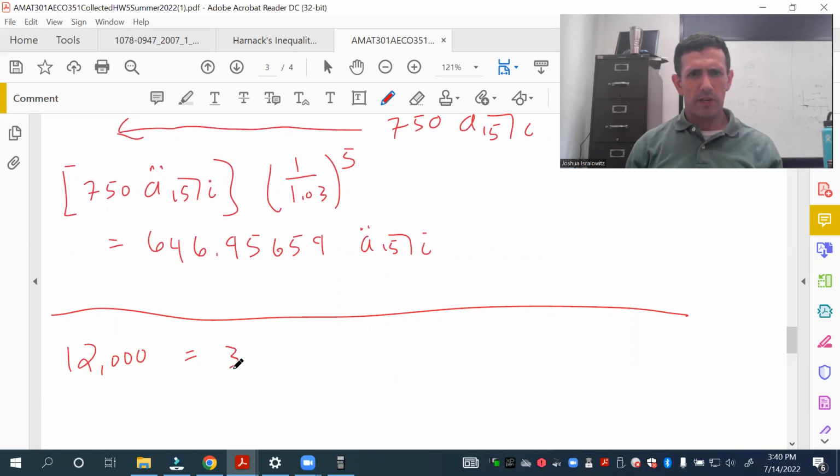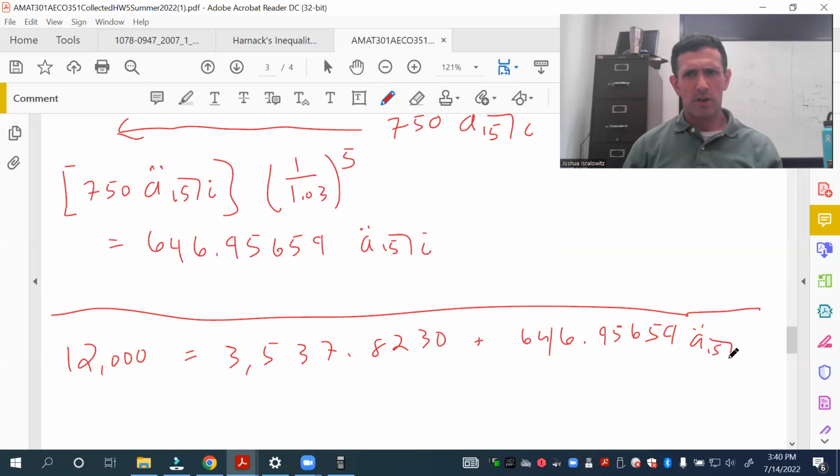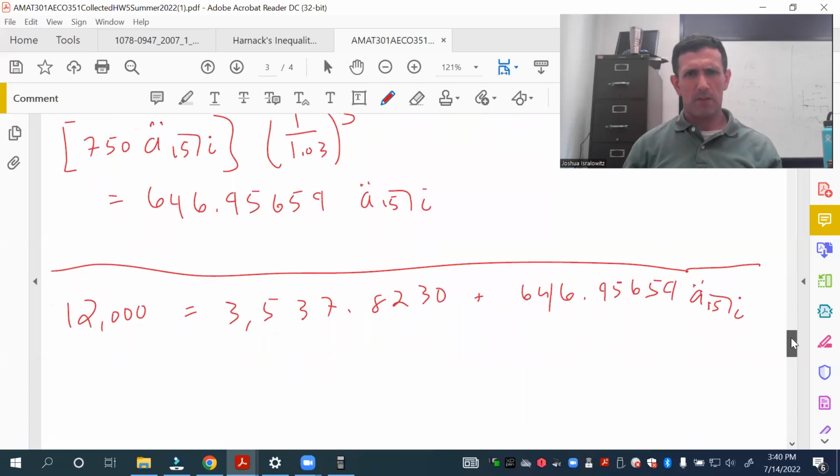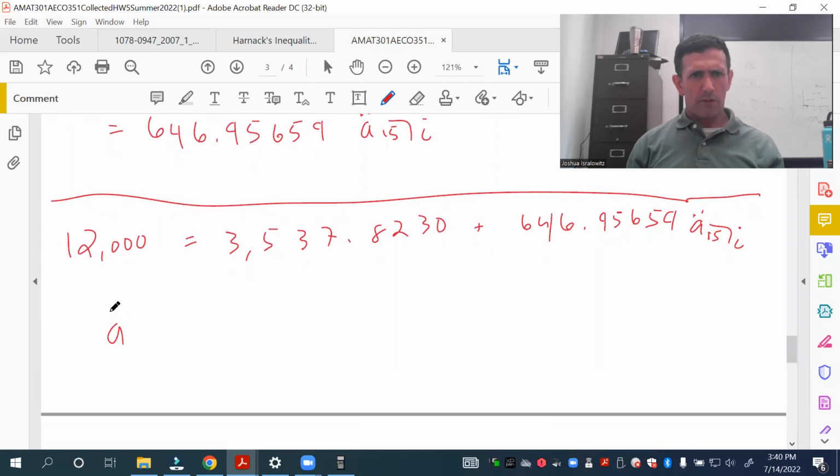So the present value of the first 5 payments was 3537.8230 plus 6469.5659 times A15I. So solve for A15I. That's 13.07998.